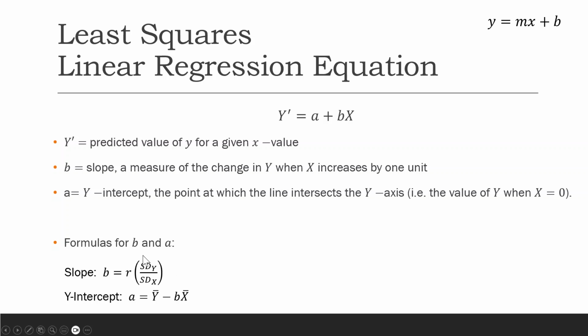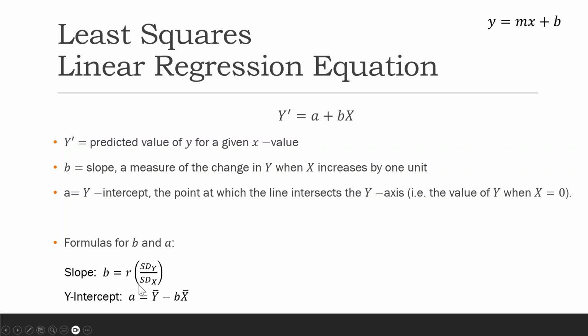That is the formula for your slope. So if you know those three things, you can find your slope in a closed formula, which is very nice. Once you find your slope, you can find your y-intercept by using this formula here. Y bar, the sample mean of the y variable in your ordered pairs, minus your slope times the sample mean of your x variable.